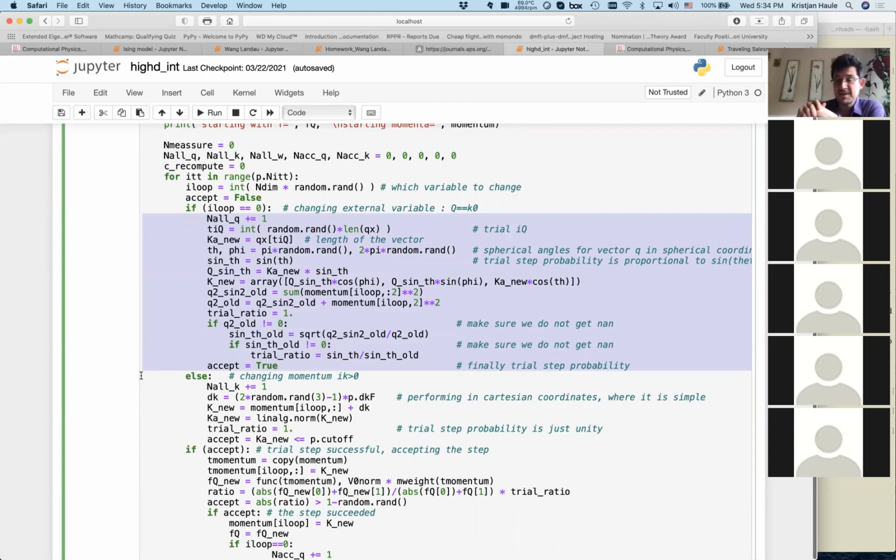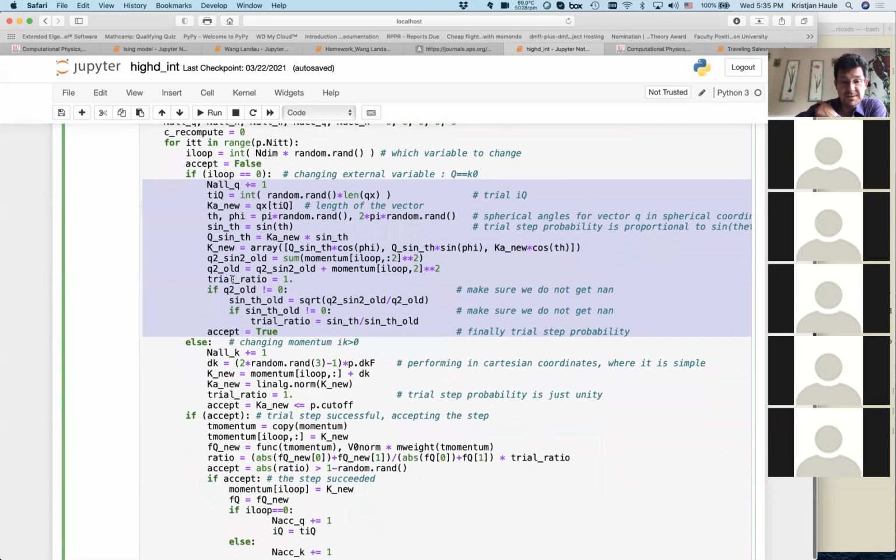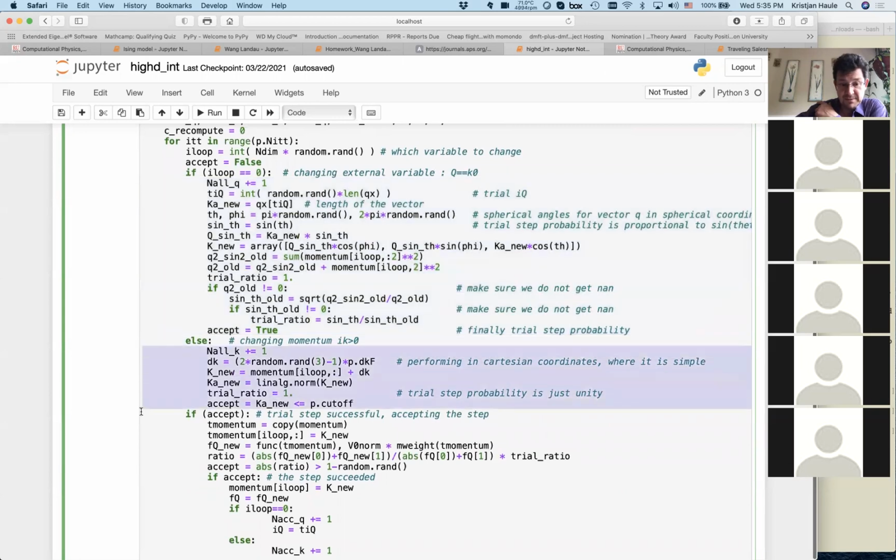This is similar to the problem I gave you for the homework, the last part on the Vegas algorithm. So we are sampling lots of integrals. This case is when you change this external variable, and this case is when you change any other variable. The steps are slightly complicated here because we're in 3 dimensions and using spherical coordinates. So don't get scared. This is just because spherical coordinates in 3D space are slightly more complicated.